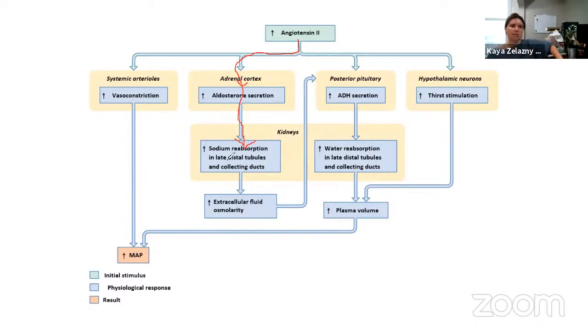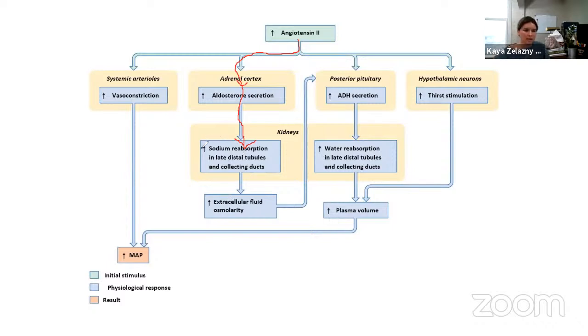Now, what's not immediately obvious is how this effect of increasing sodium reabsorption has anything to do with blood pressure. And to do that, we need to link up our understanding of aldosterone with our understanding of ADH.